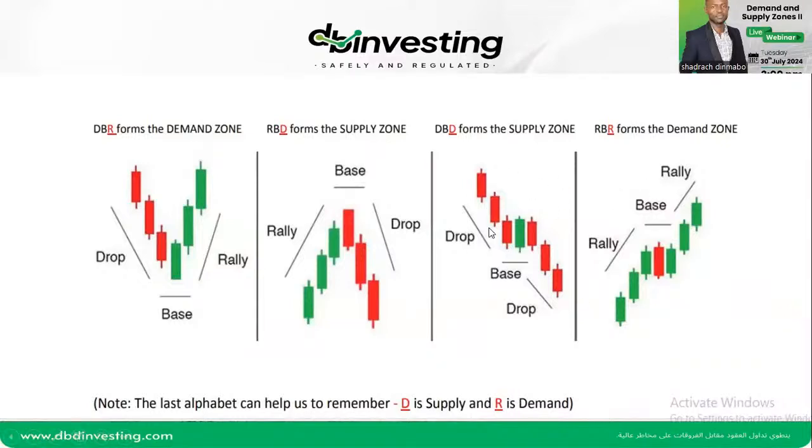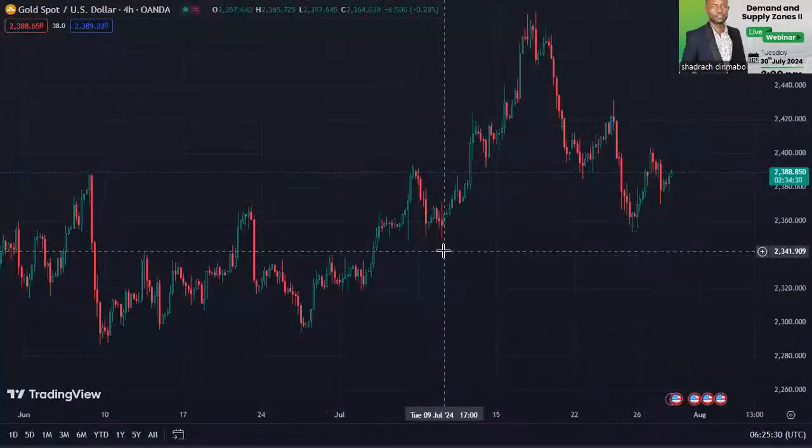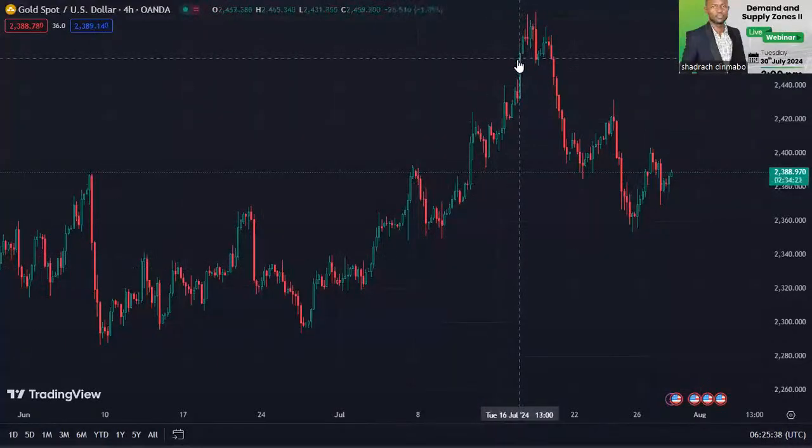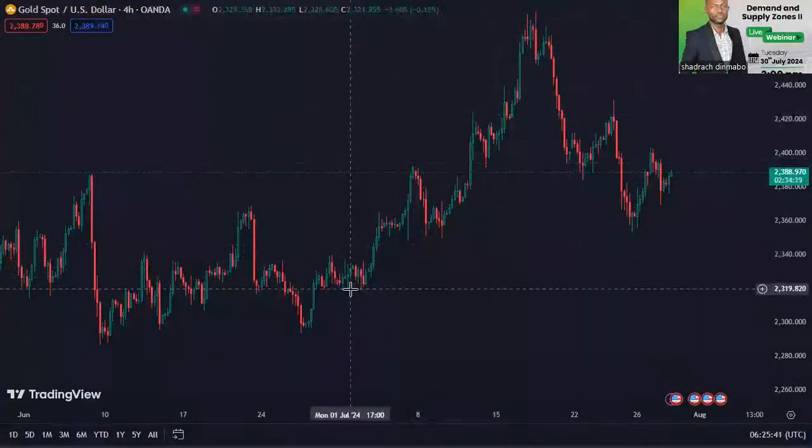Now the second formation for supply zone is drop base drop. So now let's see how we can look at that. The drop base drop. How do we identify that scenario? Drop, base, drop.